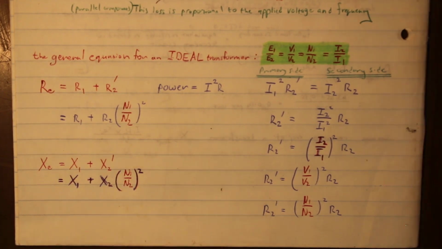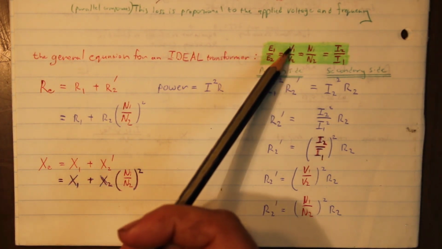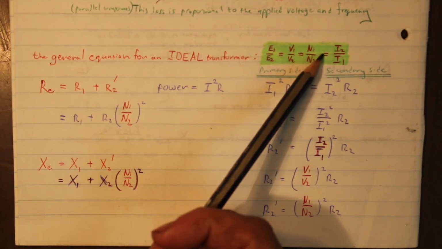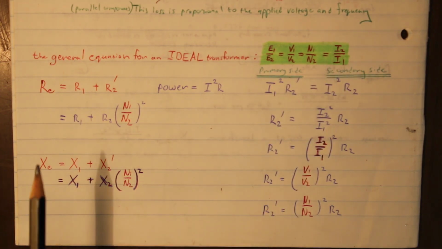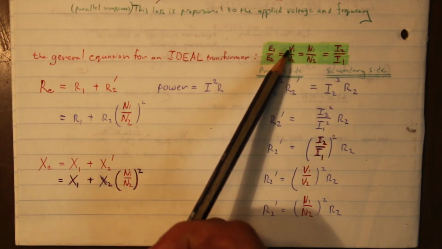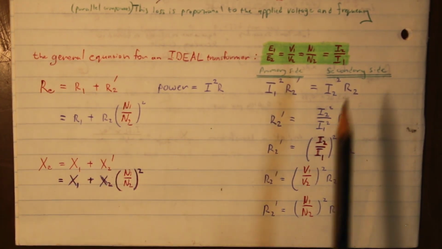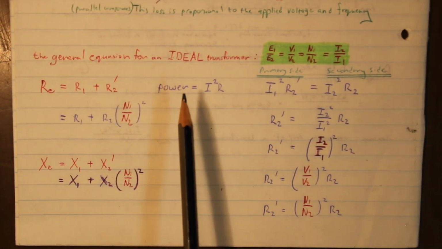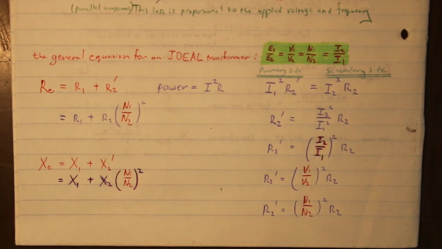But you'll remember the equation: E1 over E2 equals V1 over V2 equals N1 over N2, and equals the inverse, current 2 over current 1. So remember, voltage is inversely proportional to the current. All right, so just remember that, and then we need to look at this over here: power. P equals I squared R. So that's the power equation that you guys know.